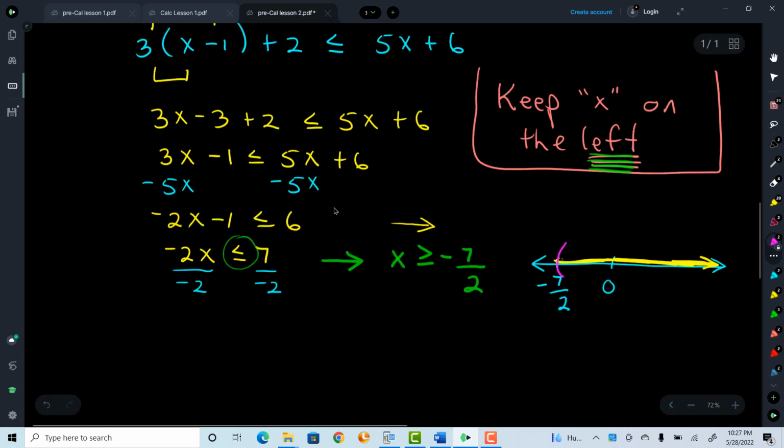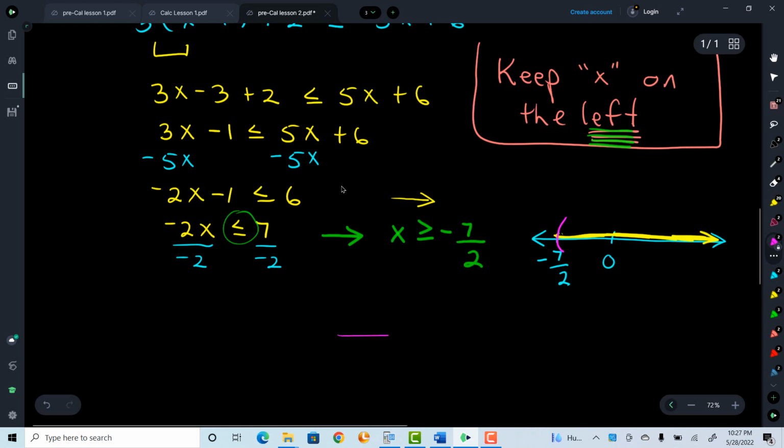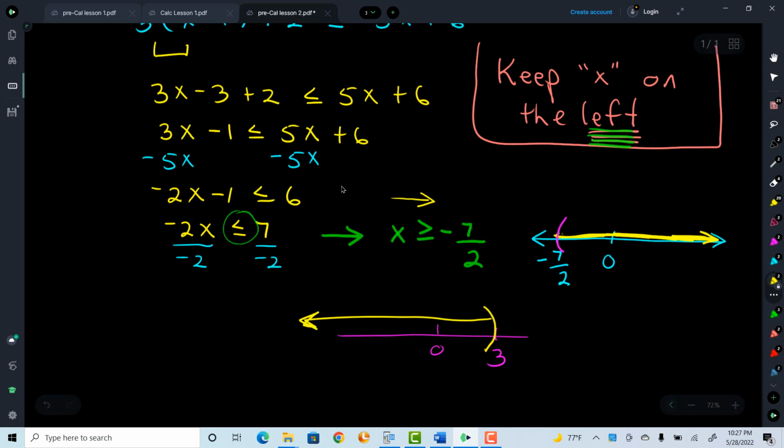For instance, let's just say that we had a solution that looked like this. Let's say that this was a 3, right? And we're going to have a parenthesis like this. What would this mean? This means that I've got everything that is less than 3.